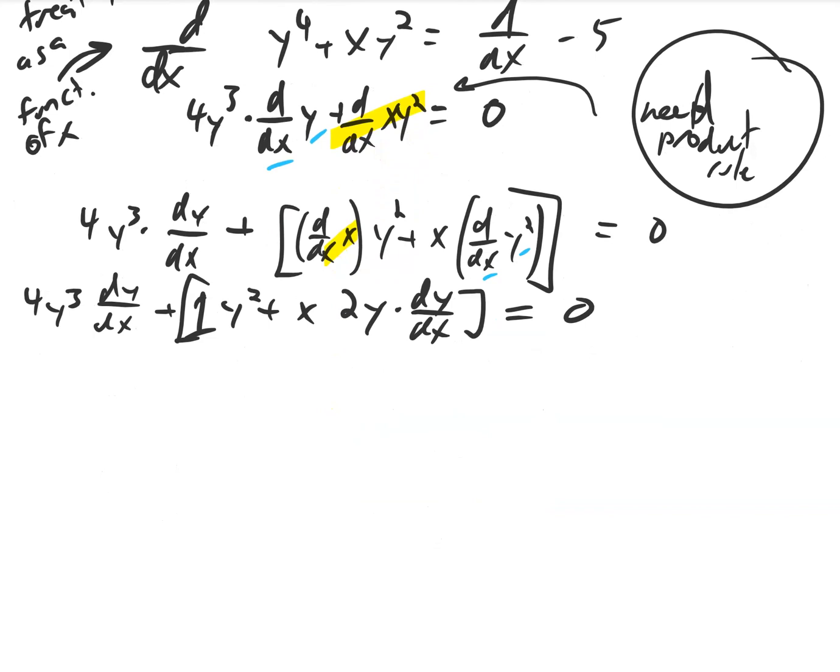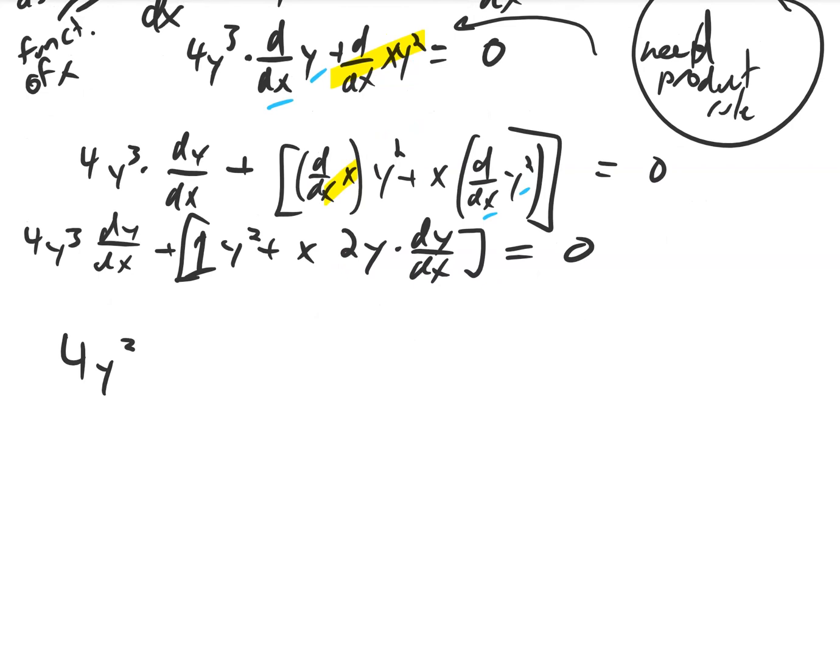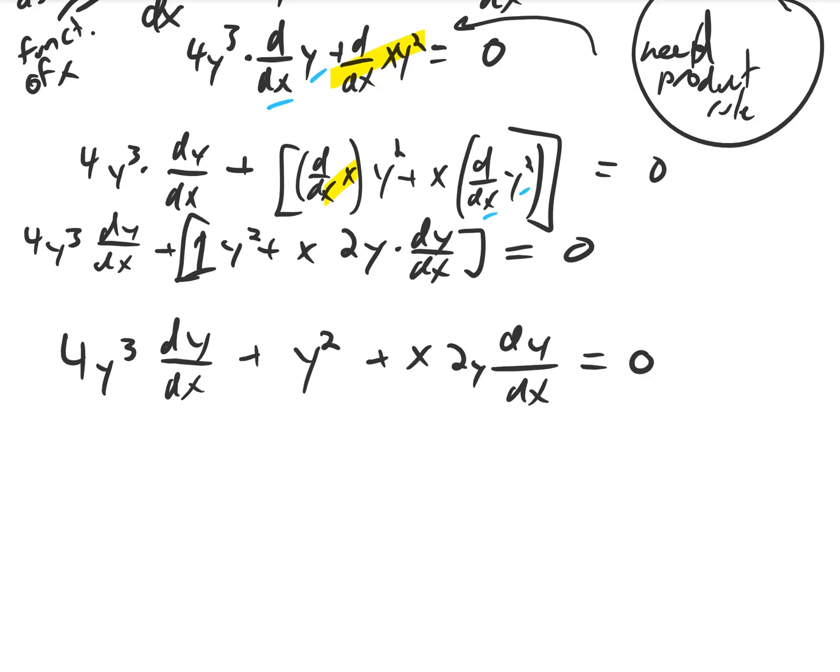Okay, at this point the calculus is done. Let me rewrite that a little bit more neatly. So at this point the calculus is done. We're going to solve for dy dx like a variable. So let's see, I'll subtract y squared from both sides.